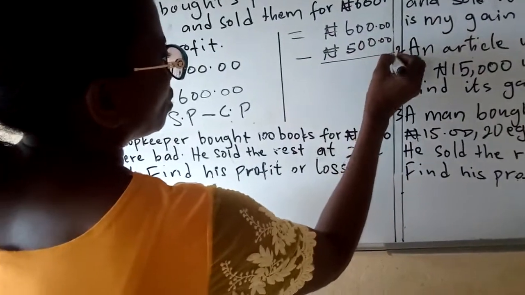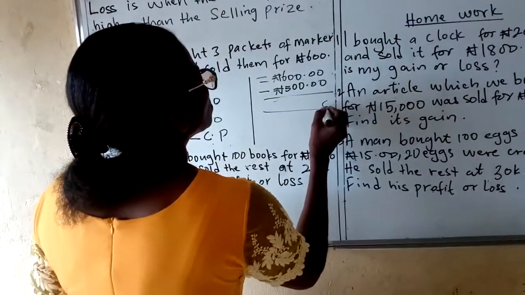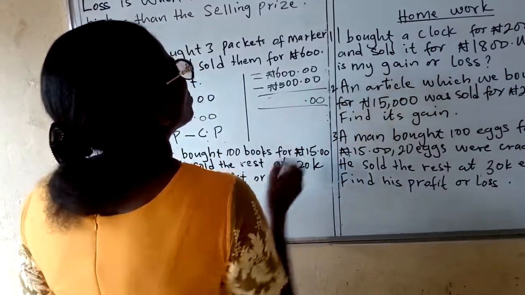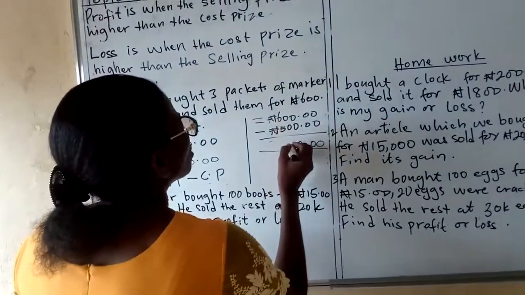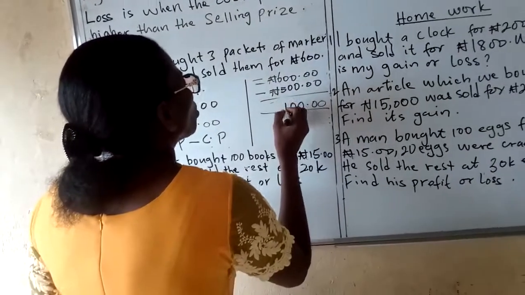0 minus 0, 0. 0 minus 0, 0. 6 minus 5 will give us 1.